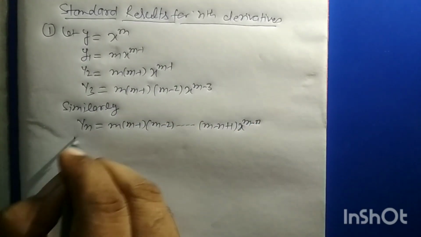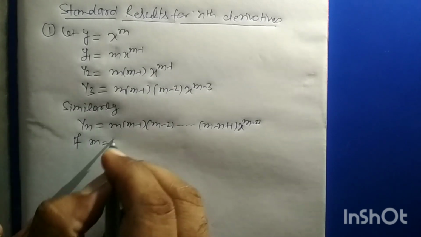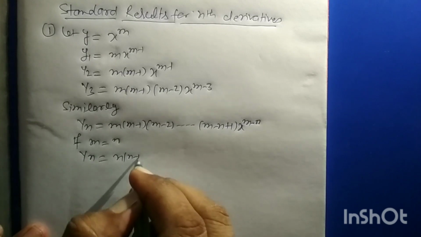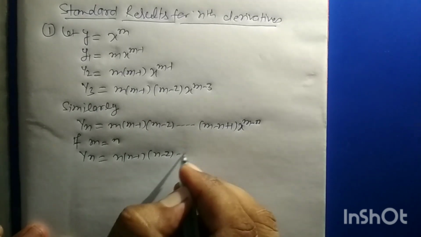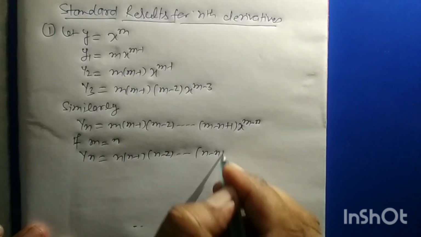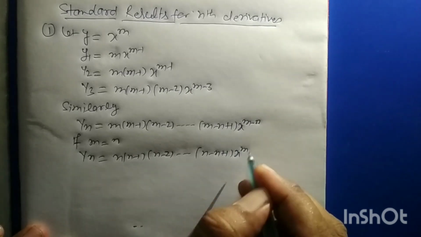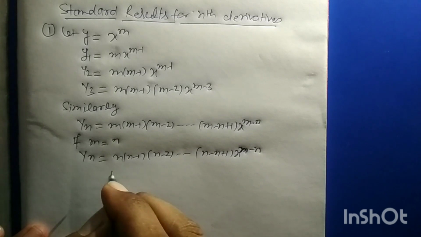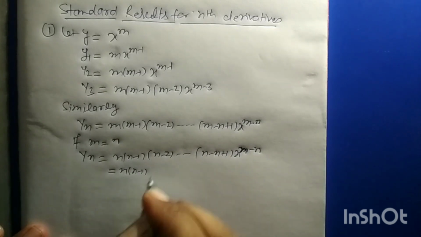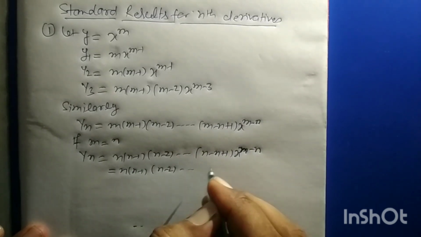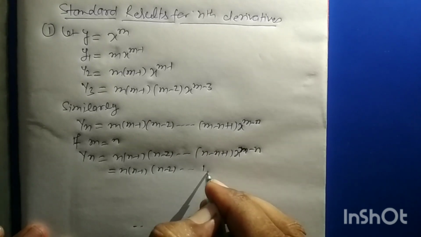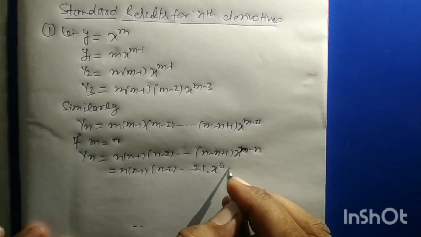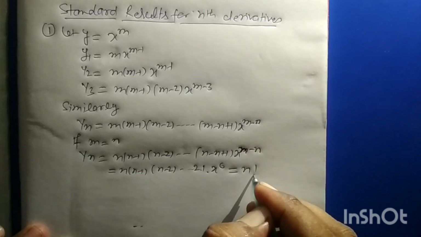And if m is equal to n, then yn = n(n-1)(n-2)...(n-n+1) x^(m-n) = n(n-1)(n-2)...1 into x^0, which is written as n factorial.